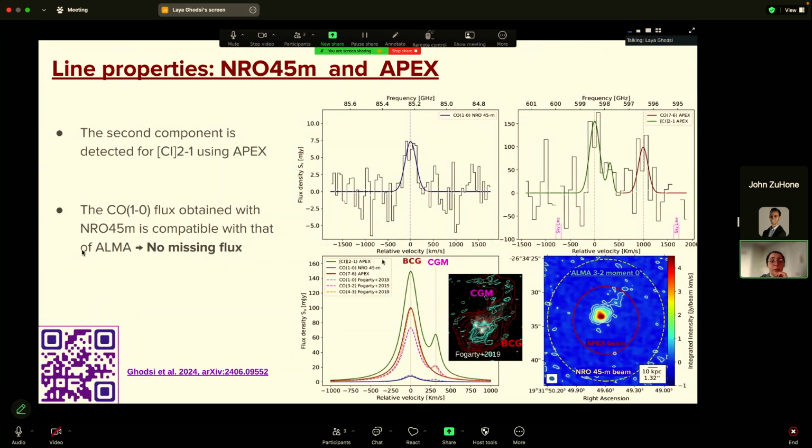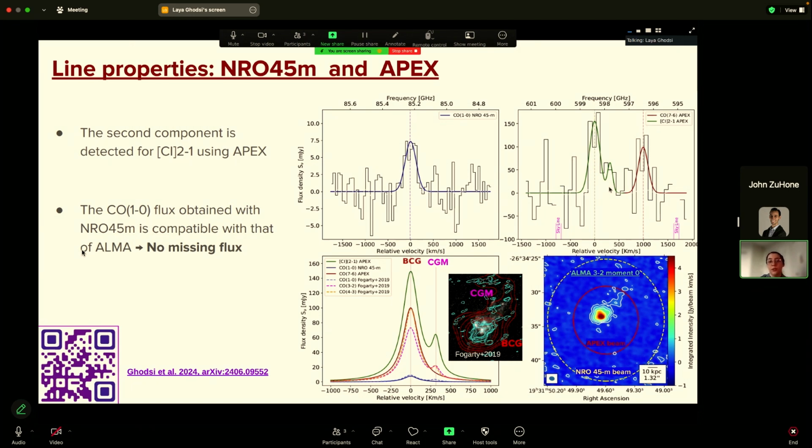And this bimodal distribution is only seen in our C1 2-1 new data in the top right panel. The top right panel is showing the APEX data, and the top left is showing the NRO 45 meter single dish. And you can see that this bimodal distribution is obviously seen in the C1 2-1 emission, but not in the other lines because of the limited signal to noise.